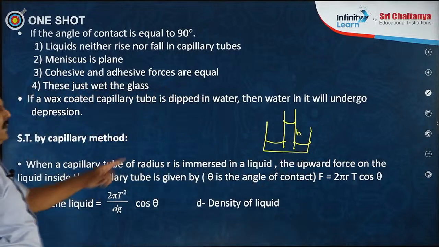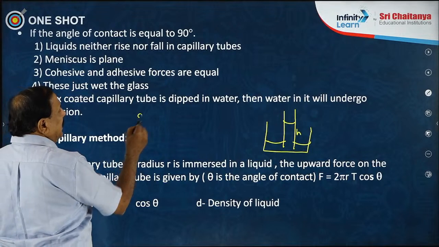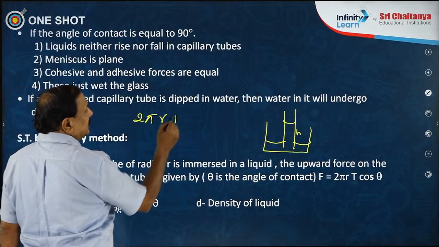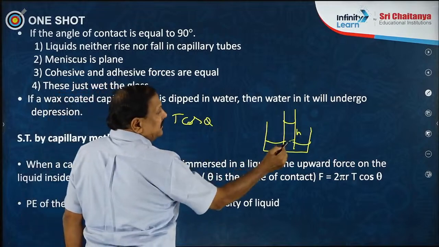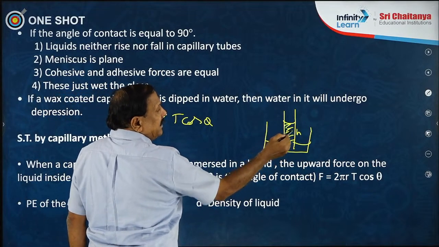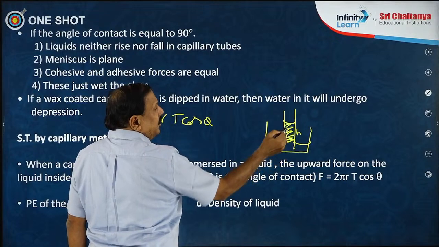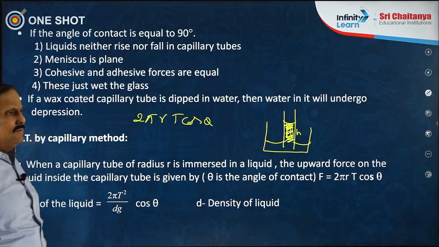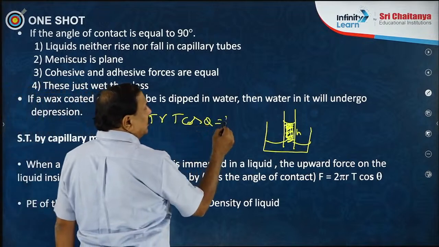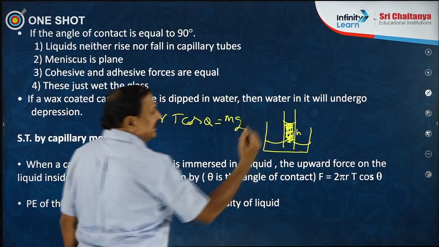The fundamental equation we have to remember is the upward force. The upward force on this excess amount of liquid, 2 pi r into T cos theta, is equal to the weight of this excess liquid.